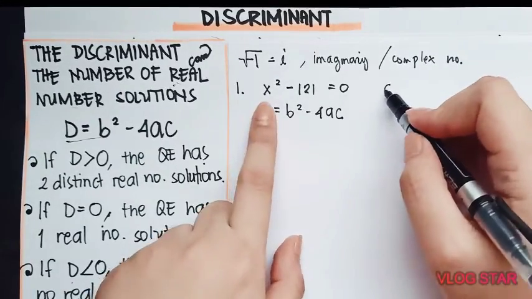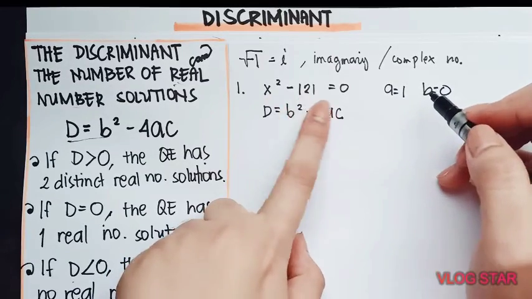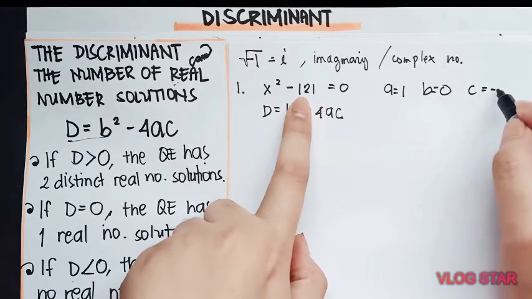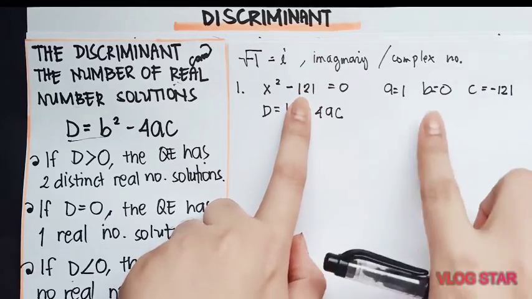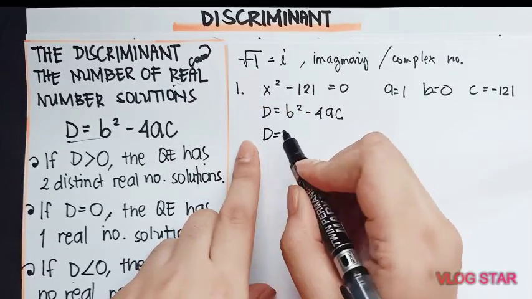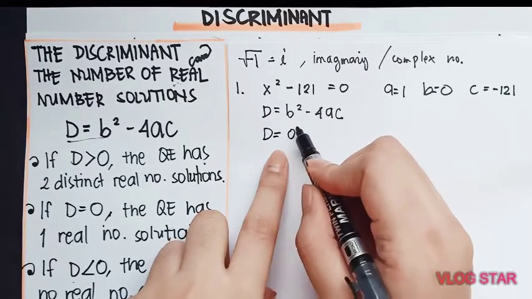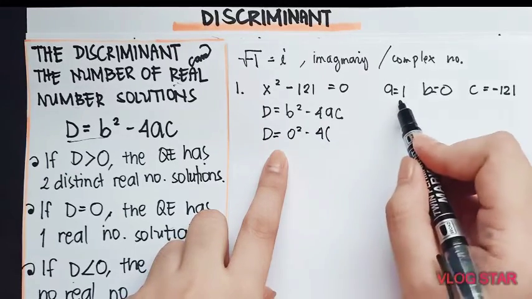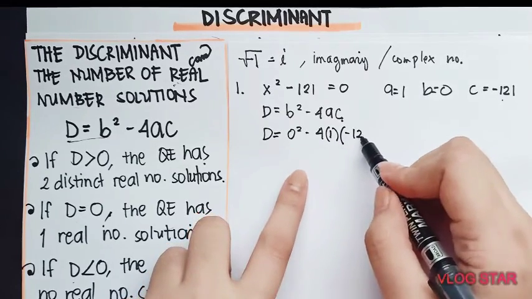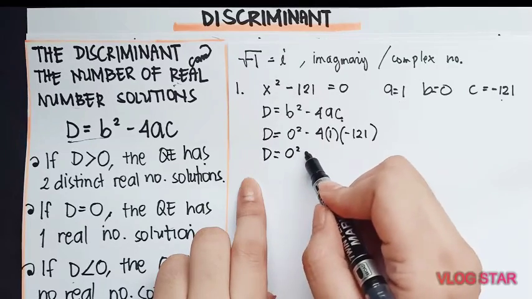So a here is 1, b is 0, so this is an incomplete quadratic equation, and c is -121. Substitute these values to the formula. So we're going to have discriminant equals b, which is 0 squared, minus 4 times a, which is 1, times c, which is -121.